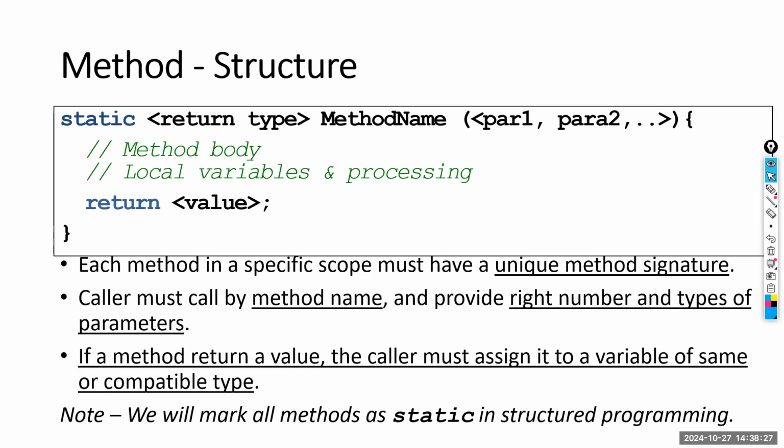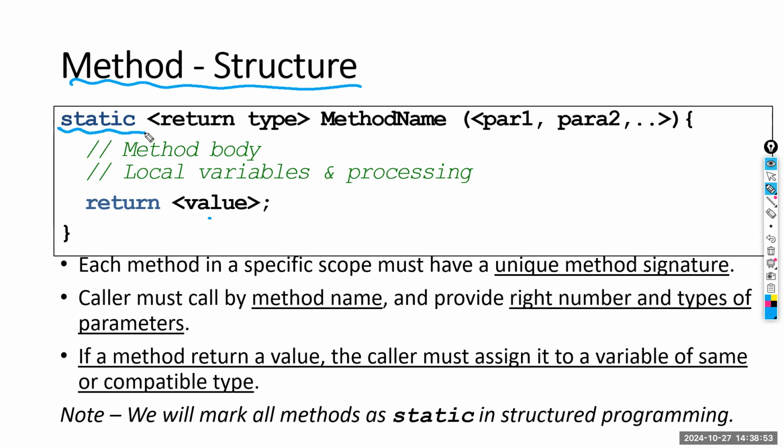Right, so this is the structure of a Java method. Sometimes we call these functions. For example, in some languages like JavaScript we call them functions, but in Java we call them methods. When we do object-oriented programming, you will again see these methods as behaviors, but this is structured programming. So when you do structured programming, this is the structure.